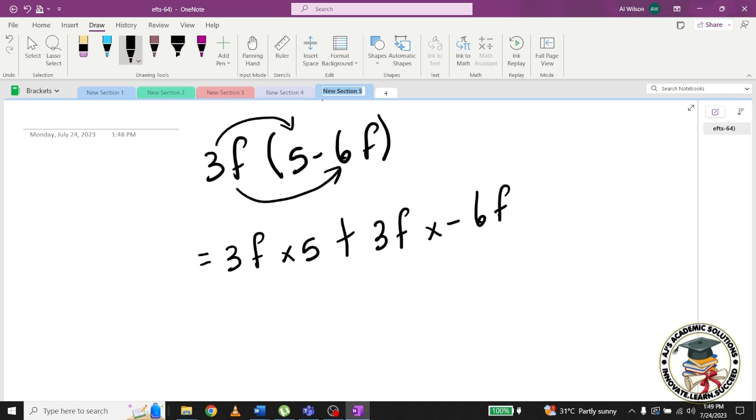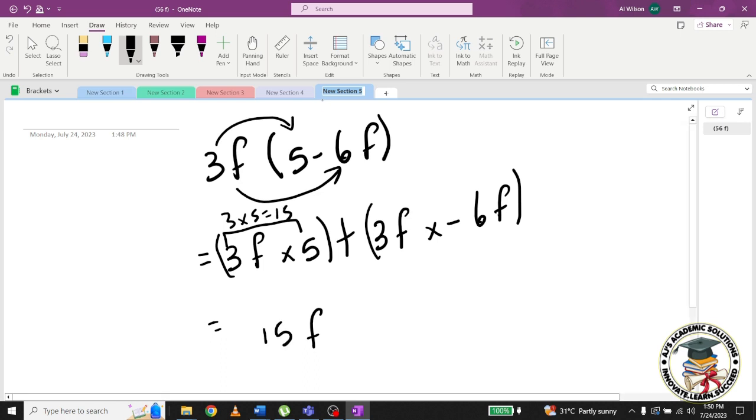Now, let's now look at exactly what we're having here. We have on this side 3f plus 5, and on this side, 3f times 5, and on this side 3f times minus 6f. So working the first half, we know our variable is going to be just f, and what we're left with is 3 times 5, which is 15. So therefore we have 15f. Good, so we need to now work on this side.